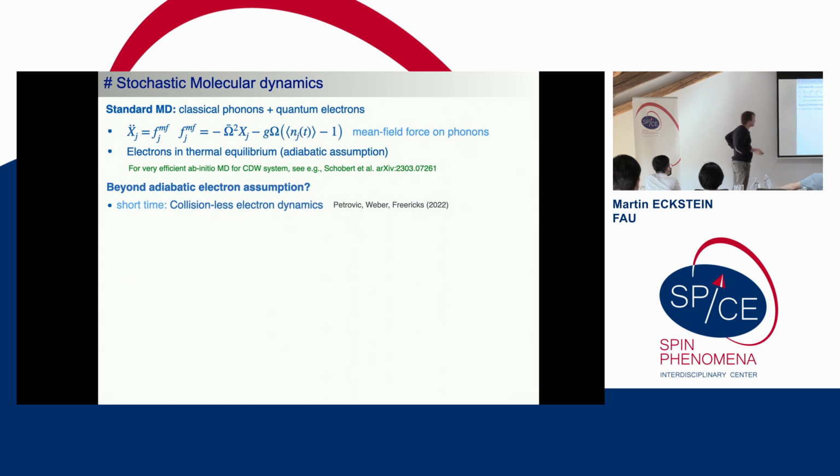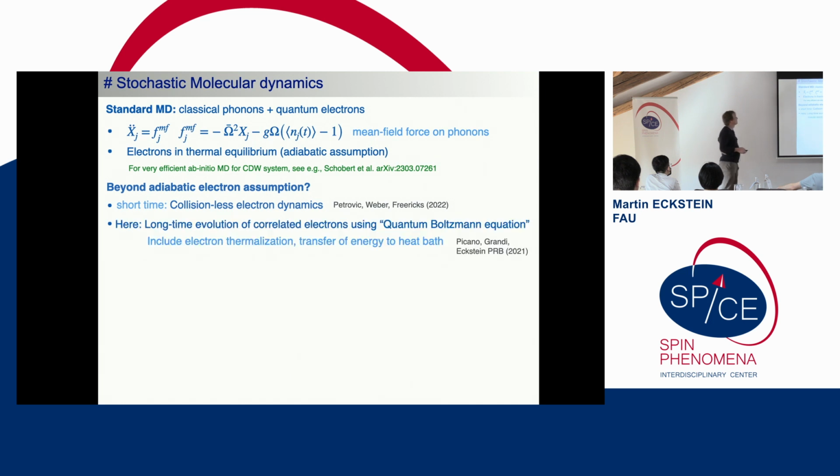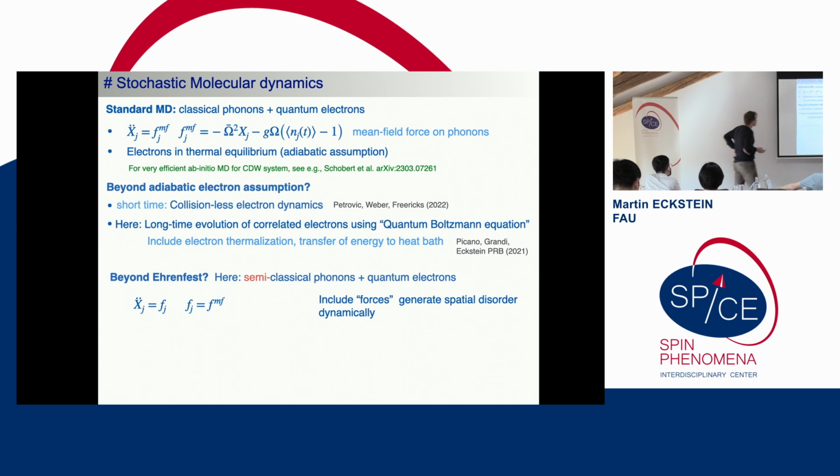So we try to simulate the electronic dynamics in this context using the so-called quantum Boltzmann equation. The second and more important part is that you want to go also beyond this simple Ehrenfest dynamics, because here the phonons are just driven by a force given by the mean field expectation value of the electrons.